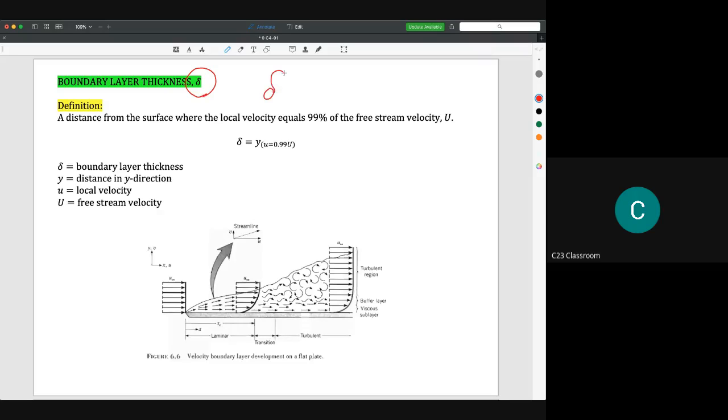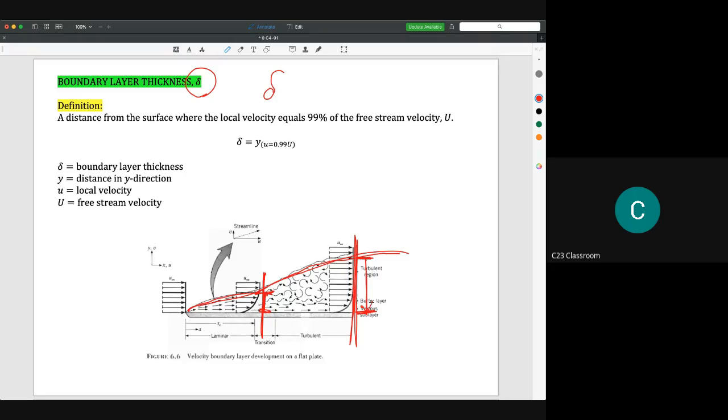The delta here is the boundary layer thickness, and if we have a boundary layer like this, the boundary layer thickness is actually the physical thickness, meaning you could measure the thickness of the boundary layer at this point. At this trailing edge, for example, the boundary layer is from here to here. Boundary layer thickness can be measured experimentally.